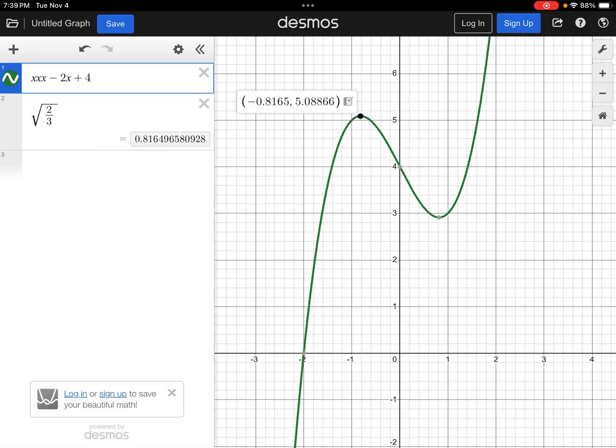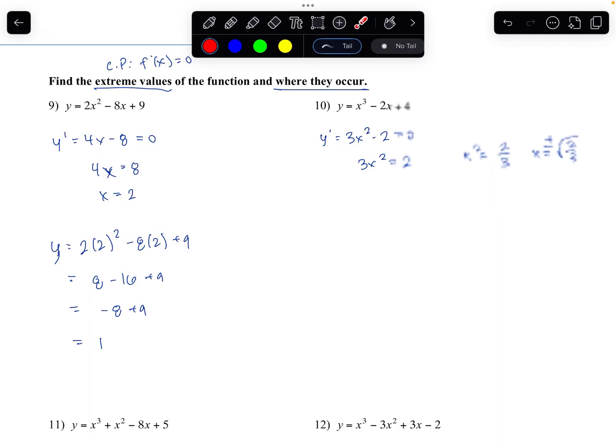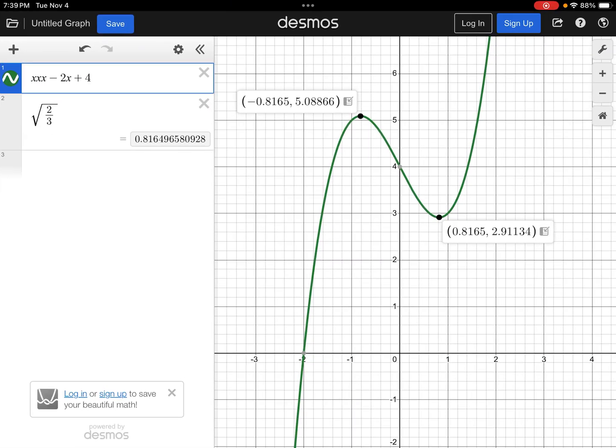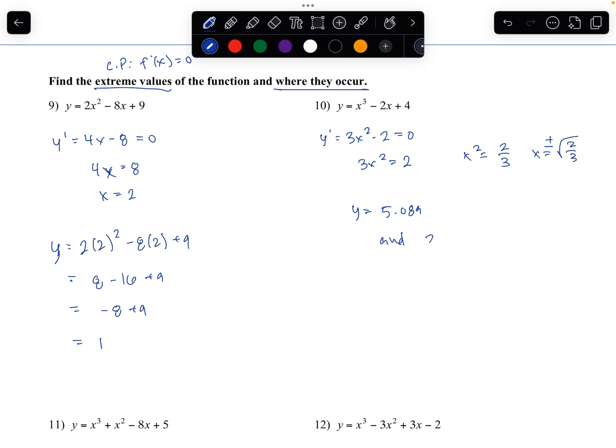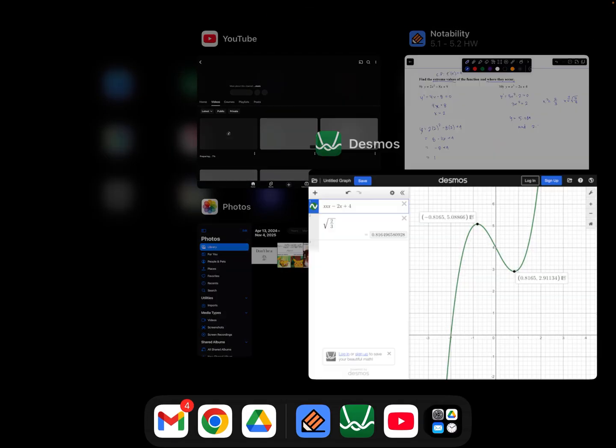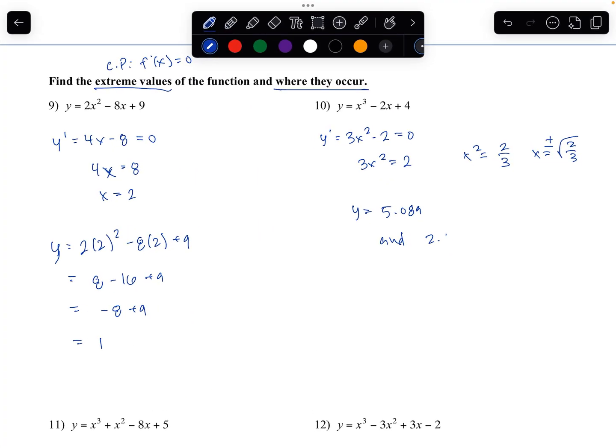So you can see that the extreme values happen at both the positive and negative, and the extreme values are y equals 5.089, and the other one is 2.911. Those are the values that it happens at.